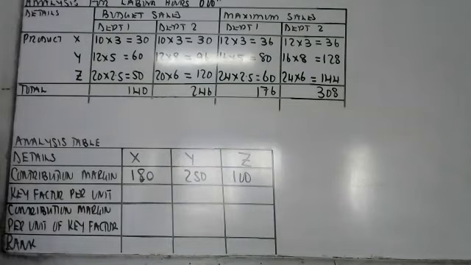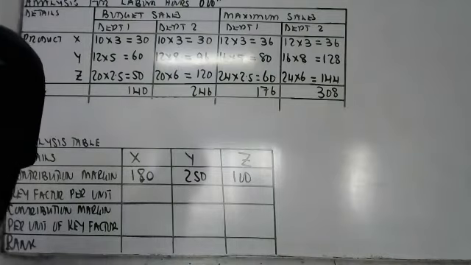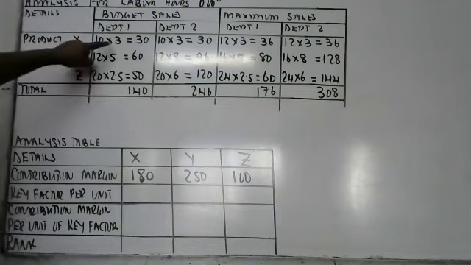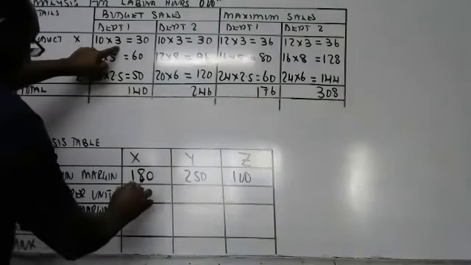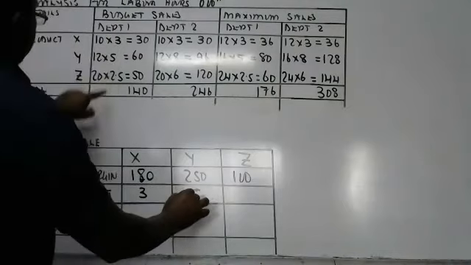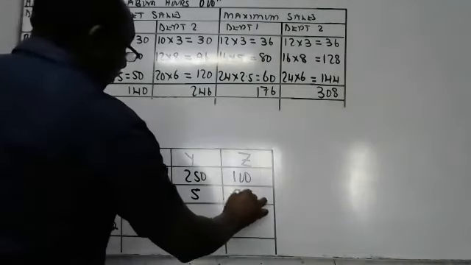Key factor, we already have said, that it is here, department 1. So department 1, you can see X is using 3 hours, Y requires 5 hours, and Z requires 2.5.